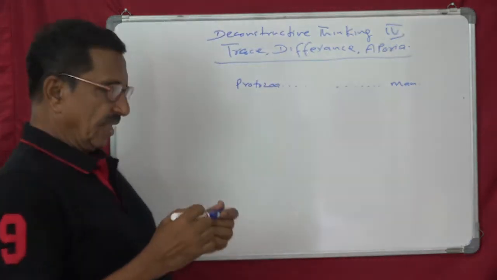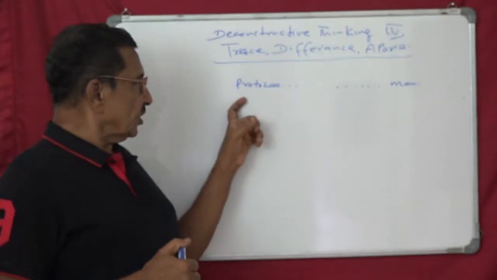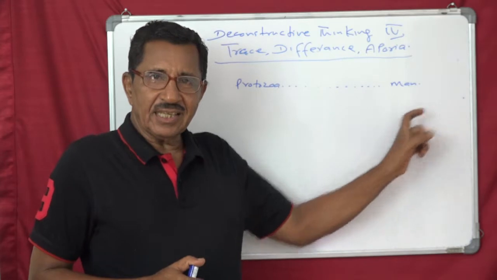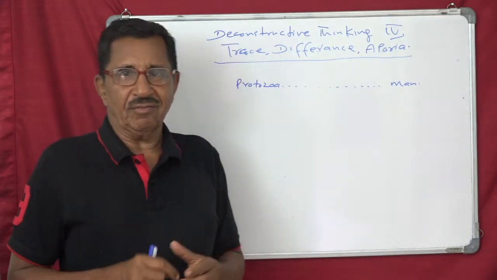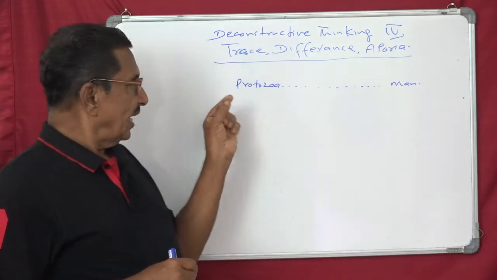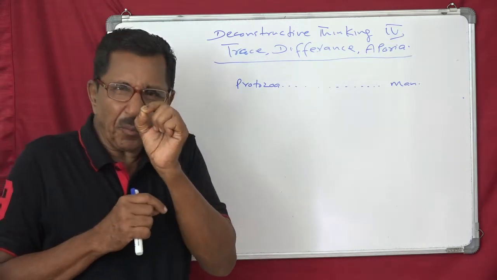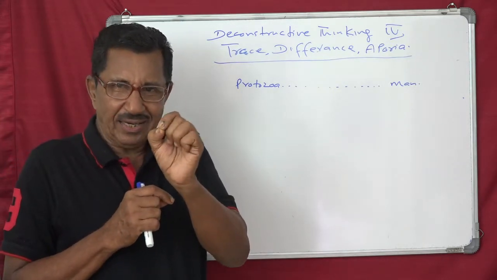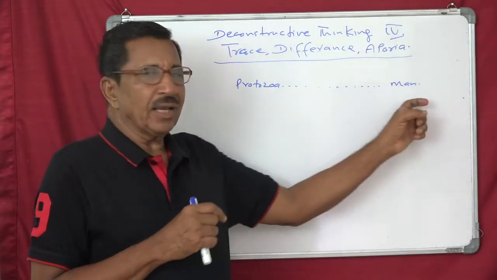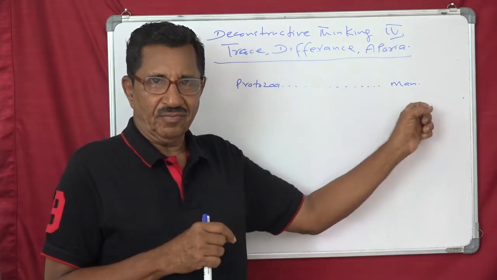But when you consider the first one to the last one, you find that there is an element common to all: the presence of a microscopic tiny speck of this protozoa in man also. Understand? That's common to all.